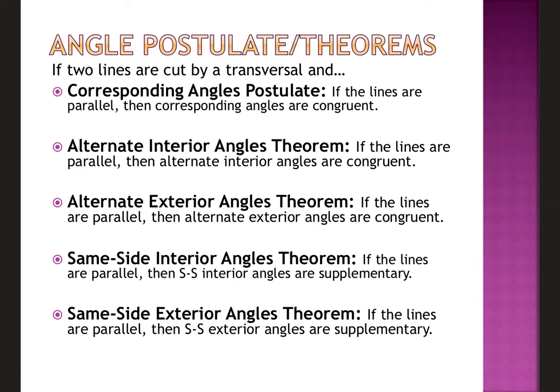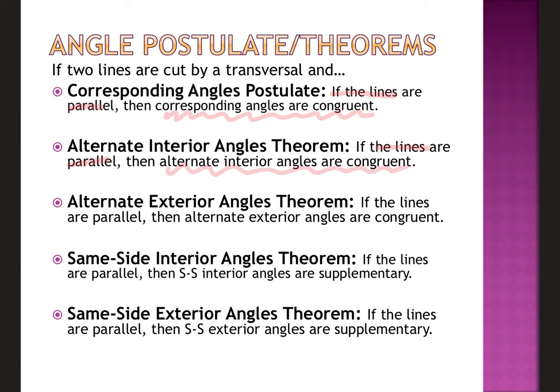So this is a list of the angle postulates and theorems. You should already have all these down, either in your notes or on your postulates and definition page. These were all theorems and postulates we learned last time, and just to refresh the memory, all of these have the exact same pattern. You're told that if the lines are parallel, then the angles are congruent.